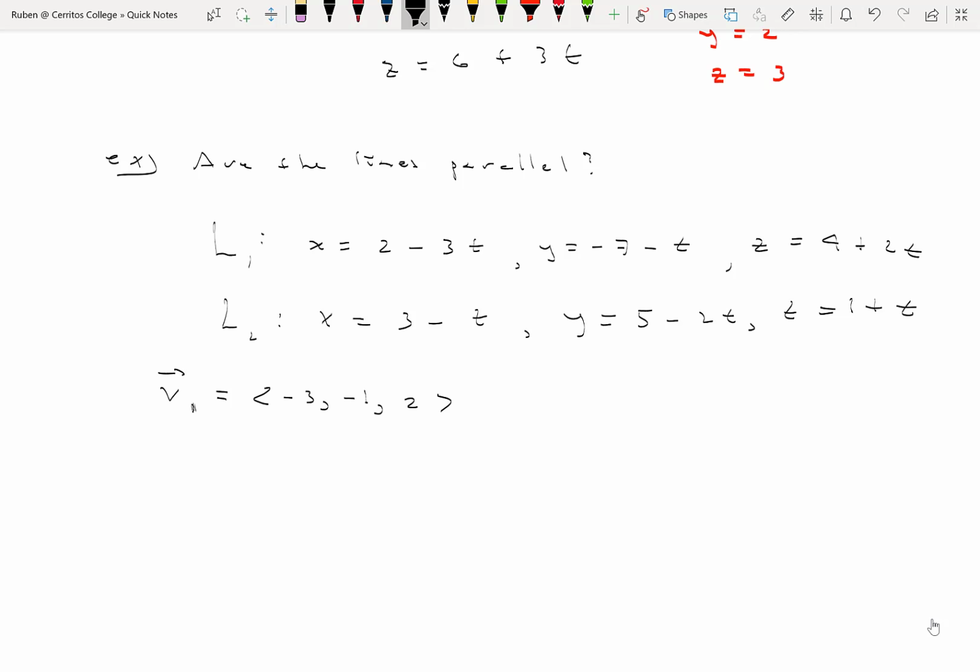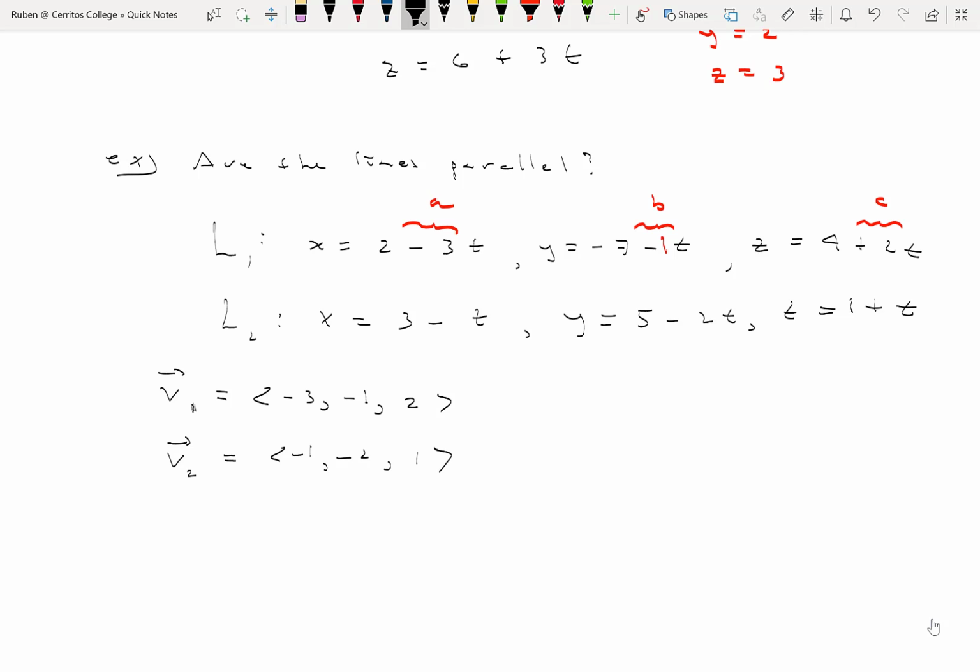I'm picking off the A, the B, and the C for the direction vector for line 1. Okay, I'm going to do the same thing for line 2. Line 2 has direction vector (-1, -2, 1).